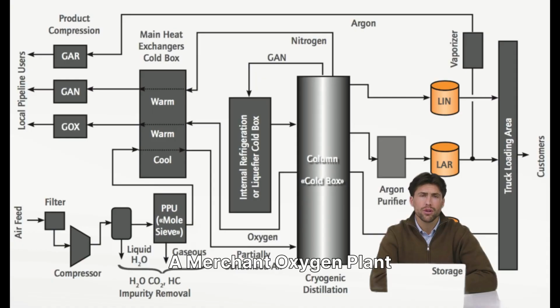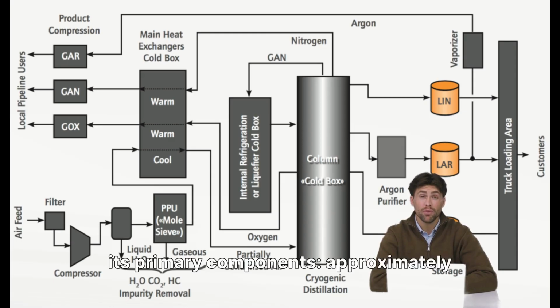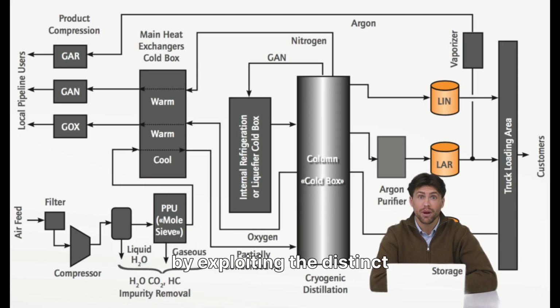A merchant oxygen plant fundamentally relies on cryogenic air separation technology. This advanced process is designed to efficiently separate the atmospheric air into its primary components, approximately 78% nitrogen, 21% oxygen, and about 1% argon. This separation is achieved by exploiting the distinct boiling points of these gases at extremely low temperatures.